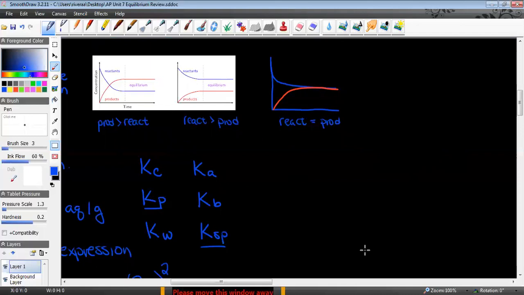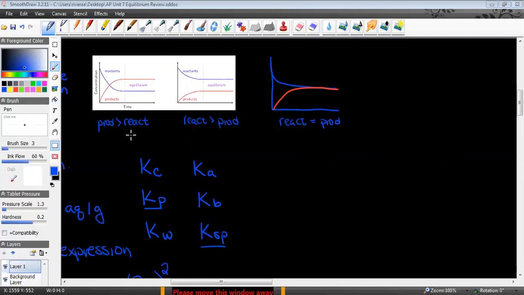We would measure them, we would turn our pressures into concentrations, because the pressure of a gas is proportional to how many molecules are in there. So we would probably just change it to a concentration of moles over volume. Moles of gas, we would change our pressures to concentrations and do Kc. Yeah, so Theo's asking about what if you have, that's called a heterogeneous equilibria, where you've got a mix of different states of matter.